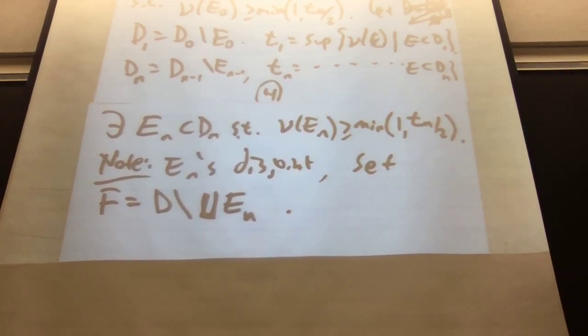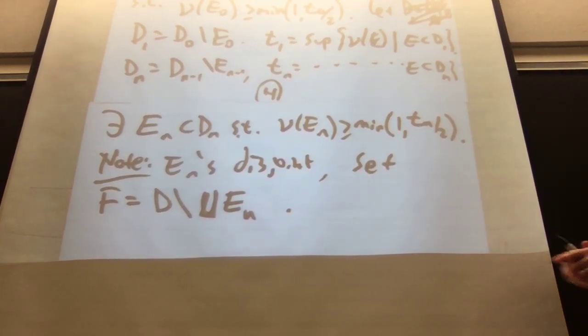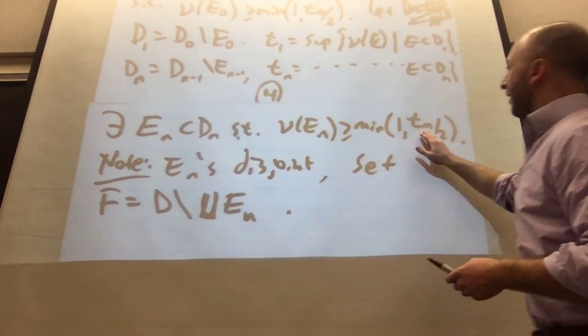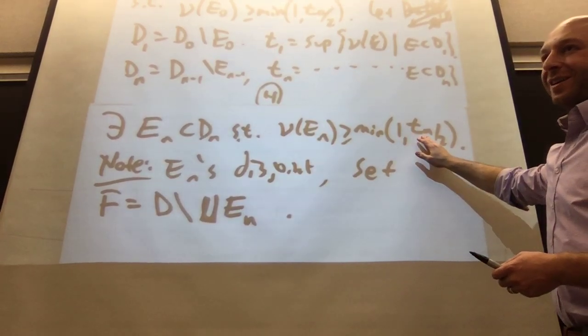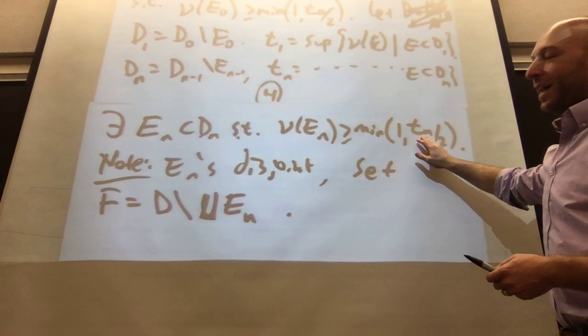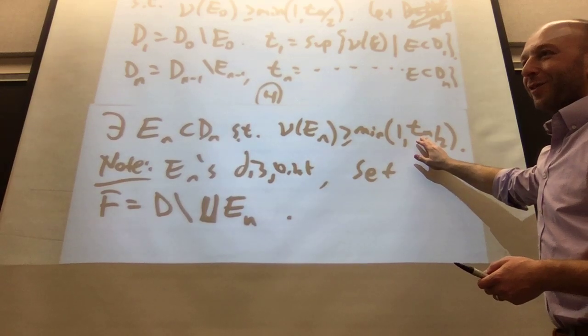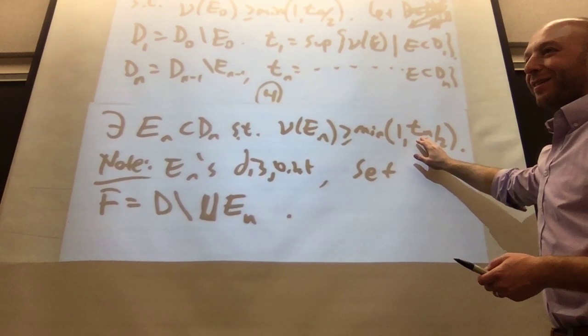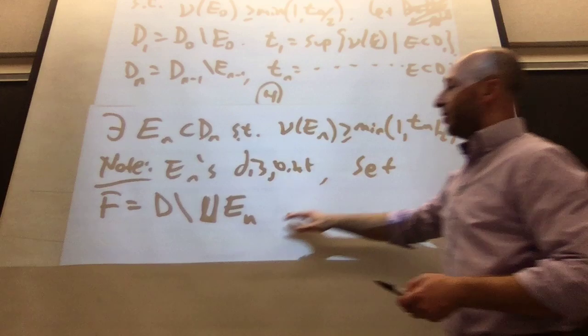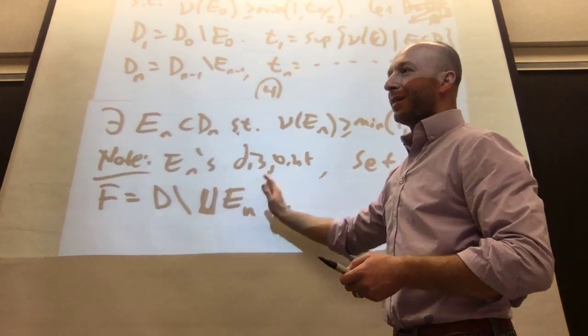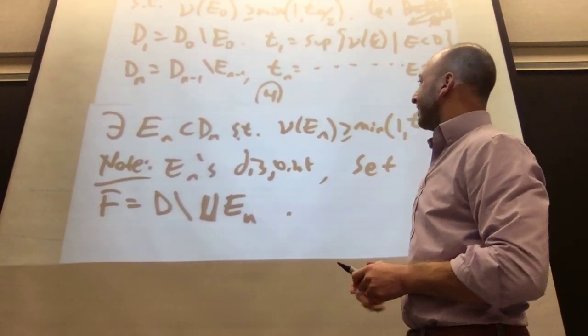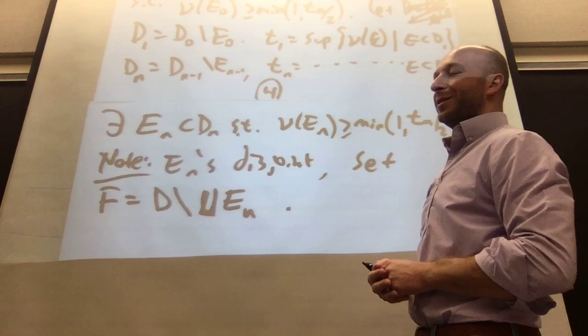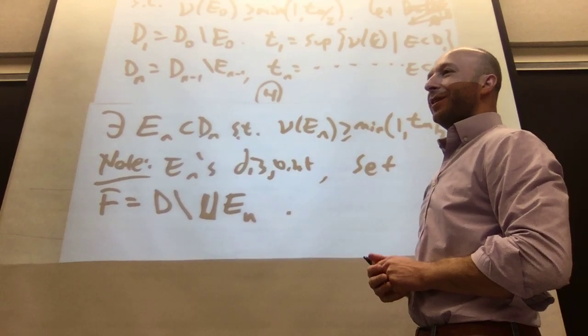Can you say again why we included the min of 1? Yeah, I just don't want to say give me a set of infinite measure. It's fine if you do. It is fine if I do. Somehow I prefer to deal with finite things when what I'm going to be doing in a second is adding and subtracting things, and I'd rather have inequalities where I'm not subtracting infinite things.